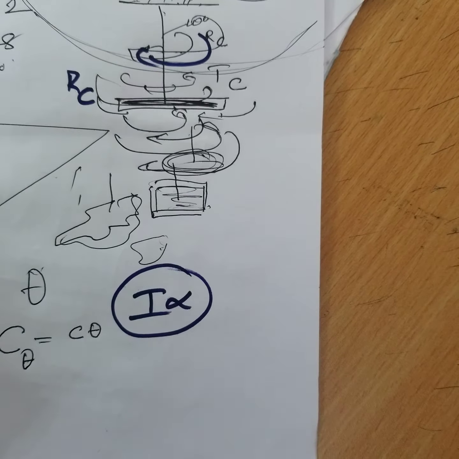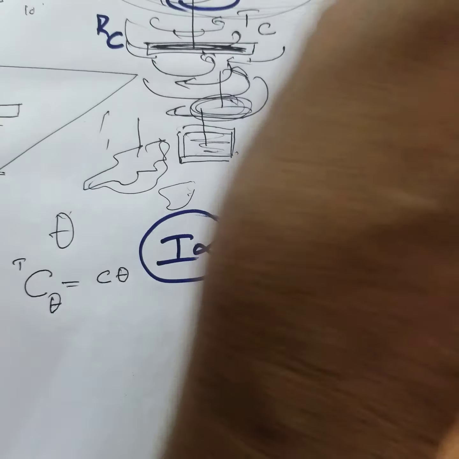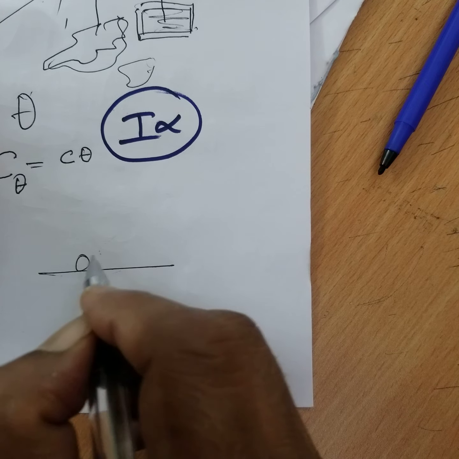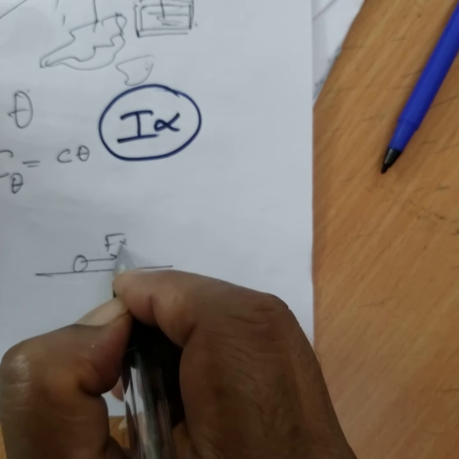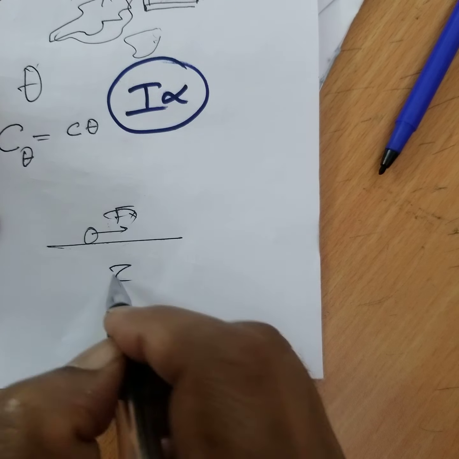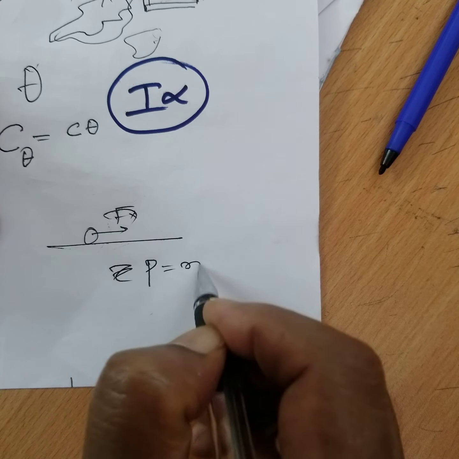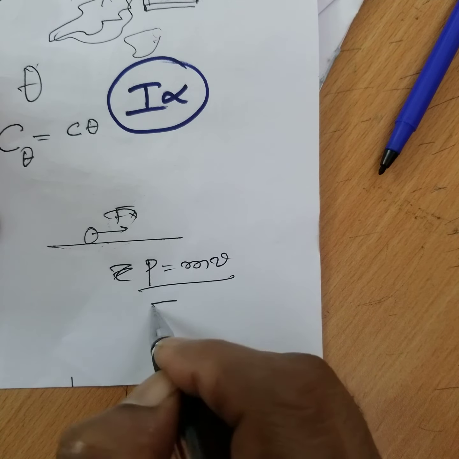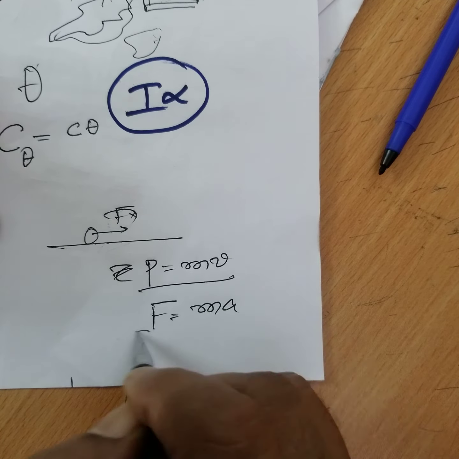Because what is couple? Force into distance. Linear momentum is mass into linear velocity. What is force? Force is mass into acceleration.